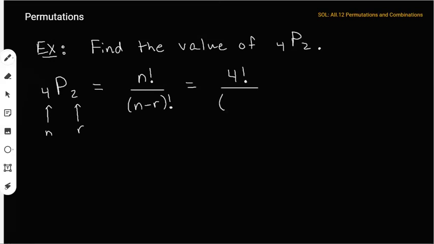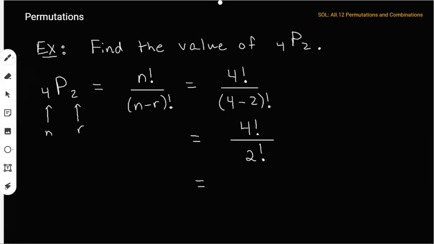We know that n is equal to 4, so I'm going to put a 4 right there, and I'm going to subtract r, which in this case is this 2 right here. And then I'm going to close it up and put down the factorial. So the top is still going to be 4 factorial, but then the bottom, I have an expression inside the parentheses. We know that 4 minus 2 is equal to 2. So I'm going to have 2 factorial on the bottom.